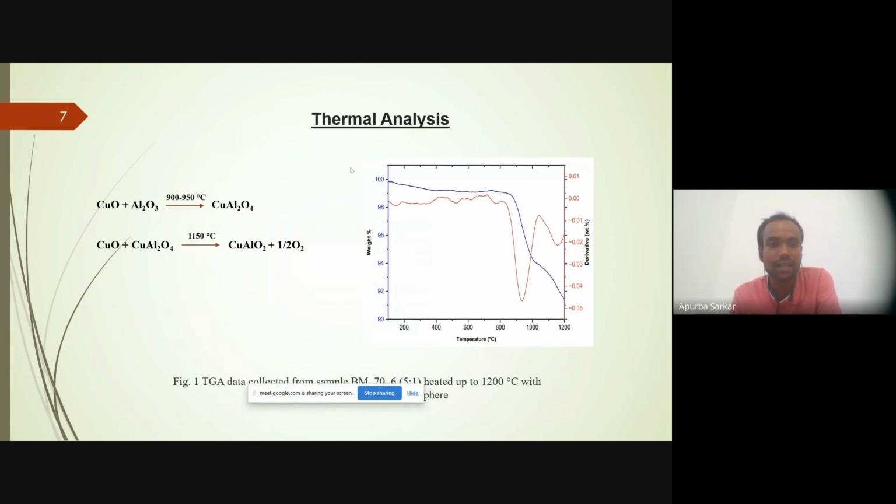In the previous literature we have seen that initially around 900 to 1000 degrees centigrade, copper oxide and aluminum oxide reacted and formed spinel phase CuAl2O4. Then after increasing the temperature up to 1150 degrees centigrade, the spinel phase CuAl2O4 decomposes and produces Delafossite phase CuAlO2.